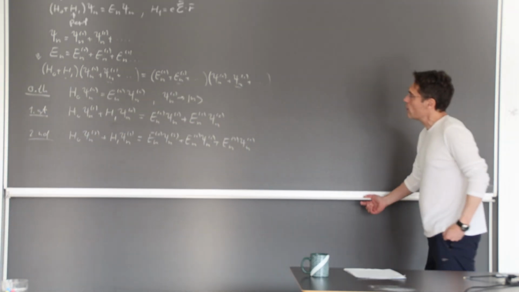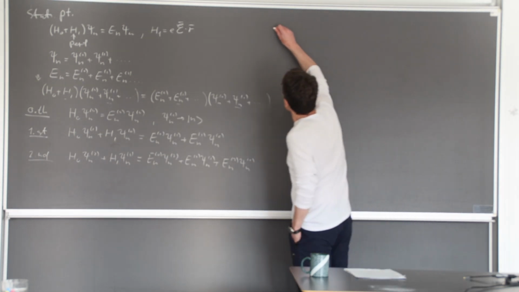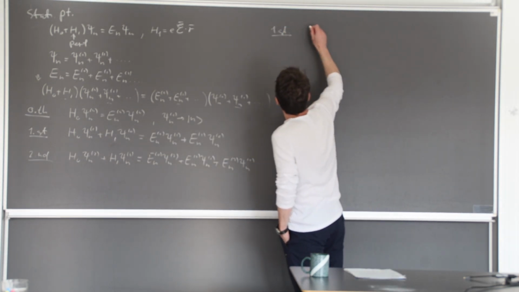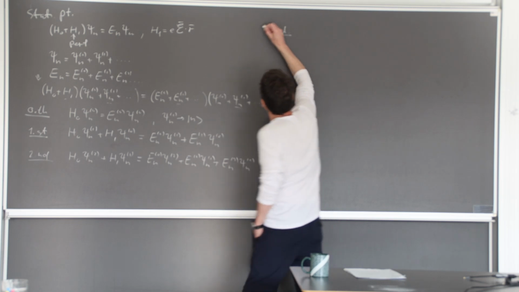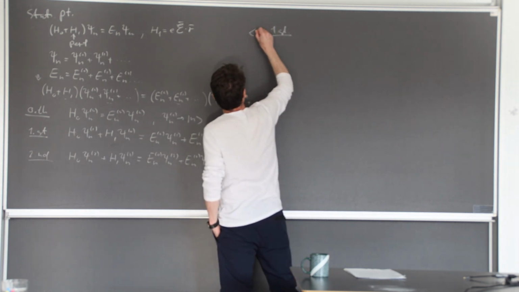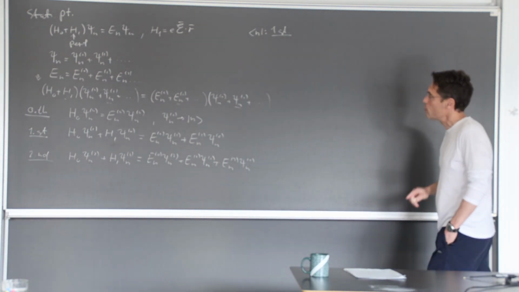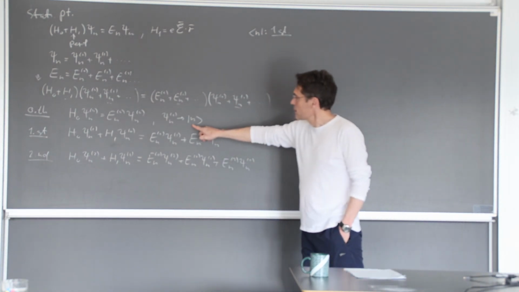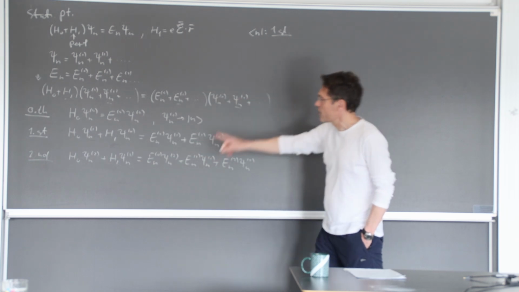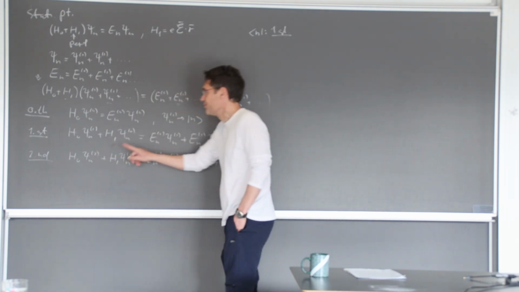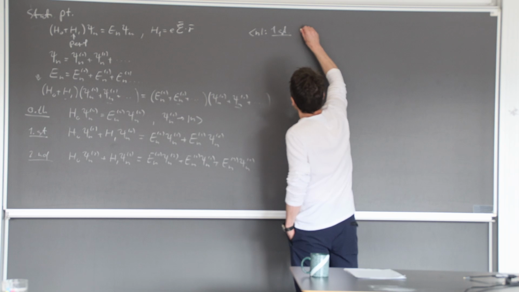So what I will do, I will take the first order equation there. And then I will, let's say schematically, apply the bra here, the conjugate of this one, from the left onto the entire equation there. So let's do that.